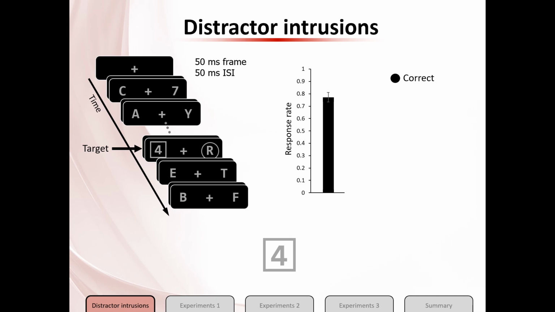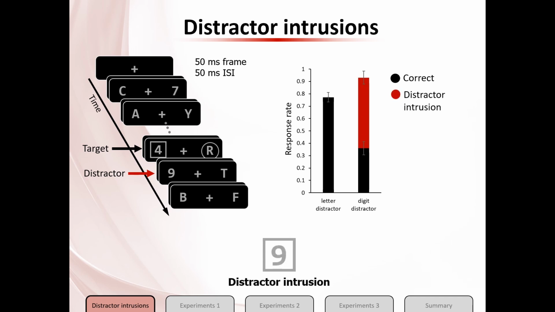However, all it takes to ruin this high accuracy is to change one small detail. If you change the stimulus that follows the target from a letter to a digit, accuracy drops from 80% to about 40%. And why? Because the rest of the time, people report seeing the wrong digit inside the square.